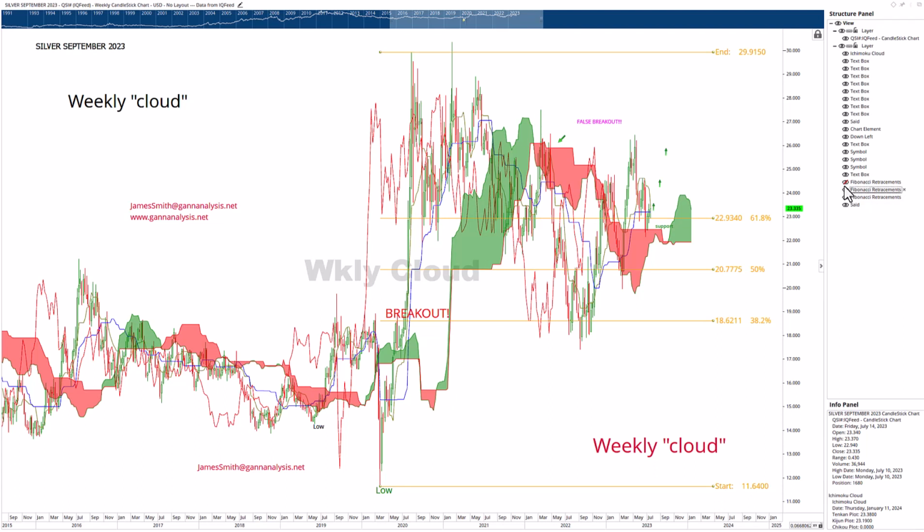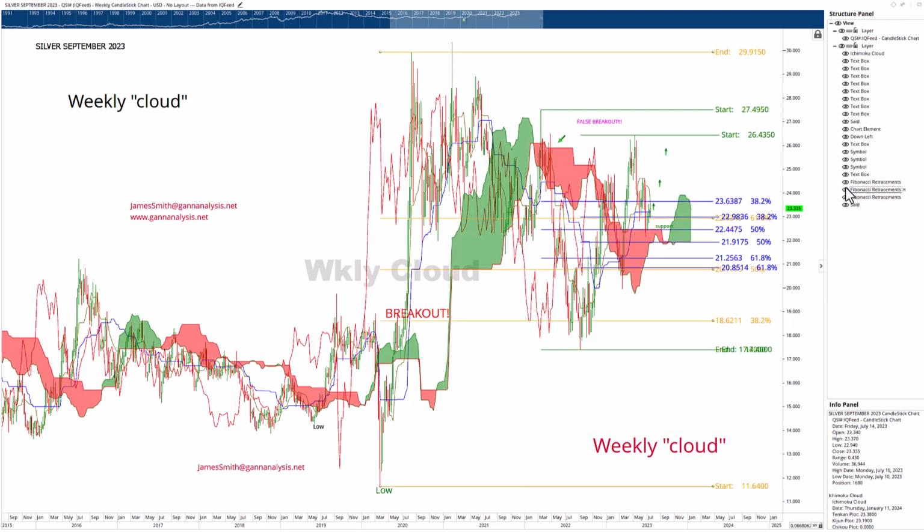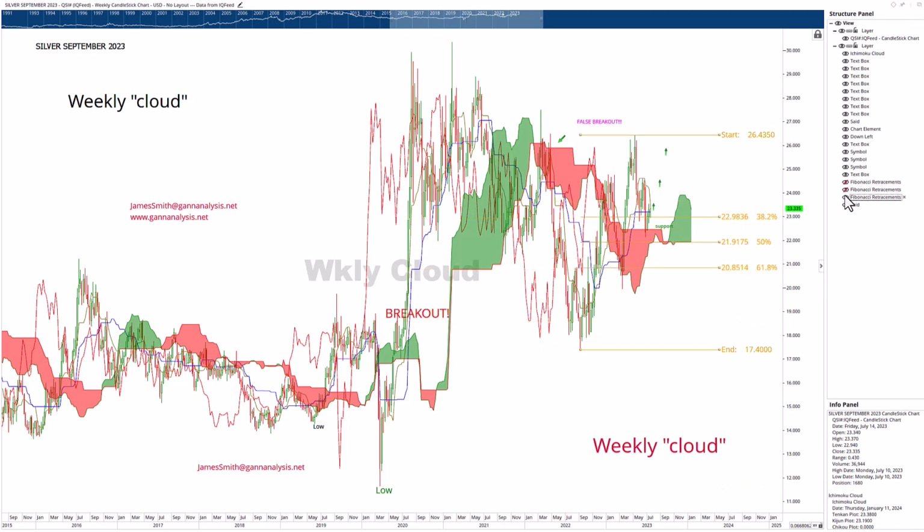Let's see if we can do one more. If you do this one, this low here, oops, it looks like it slipped a little bit. Okay, catching this low and this high, you can see right here the lower band is even with the 50% mark. So I just wanted to show you, it's sort of a novelty that you can do this.